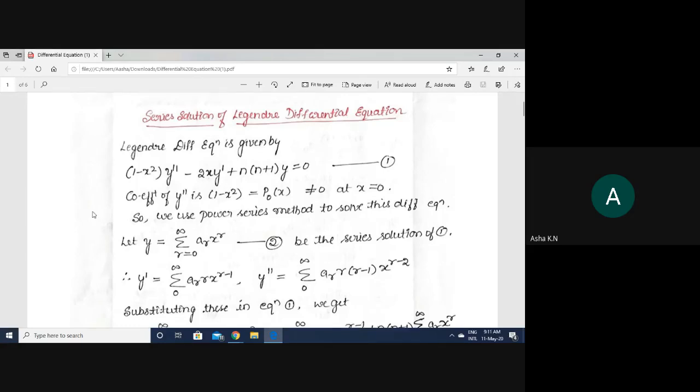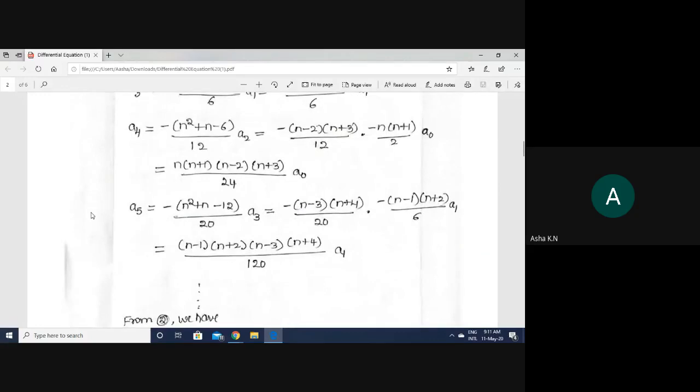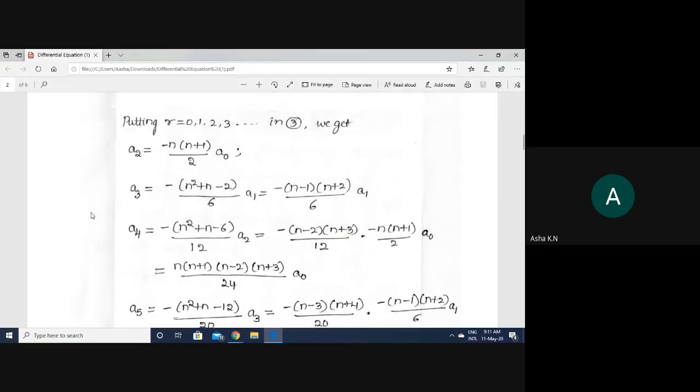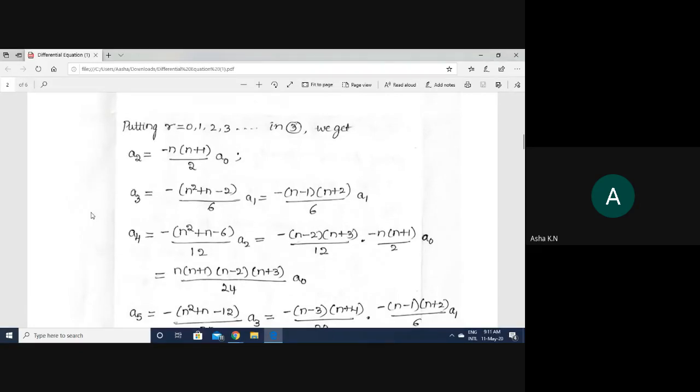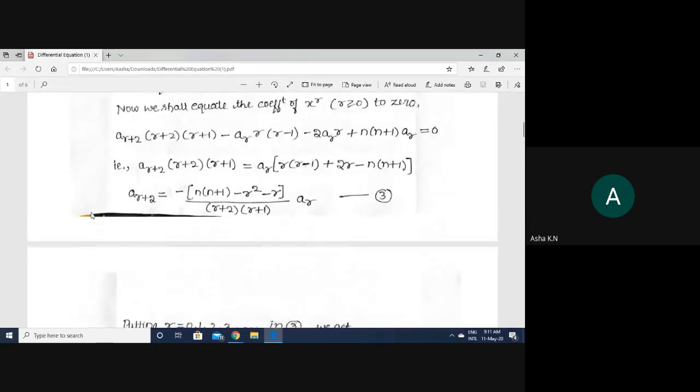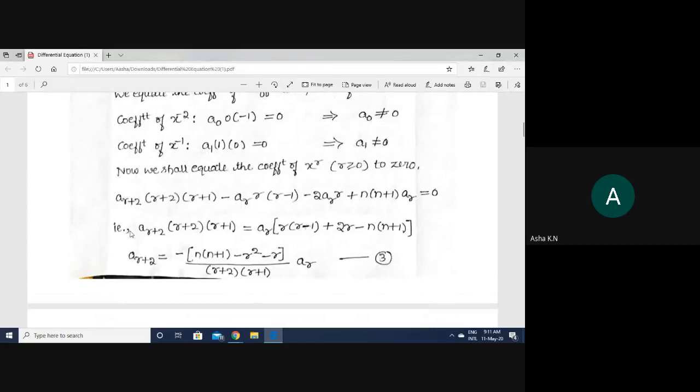There are a few things which are not there in your syllabus. After comparing the coefficients, we were getting a r plus 2 is equal to something like this.